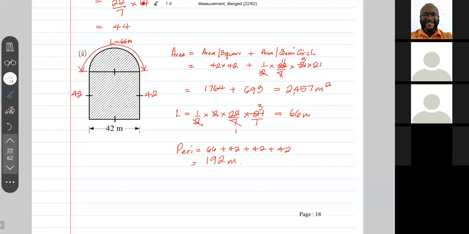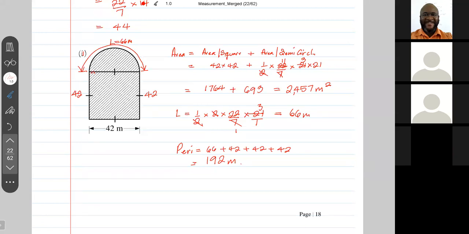All right, did I make a mistake? Is that what you're telling me, Kezia? I'm just asking if you would add an extra 42 at the top. No, you wouldn't. You would not, because perimeter means distance around, not distance across.